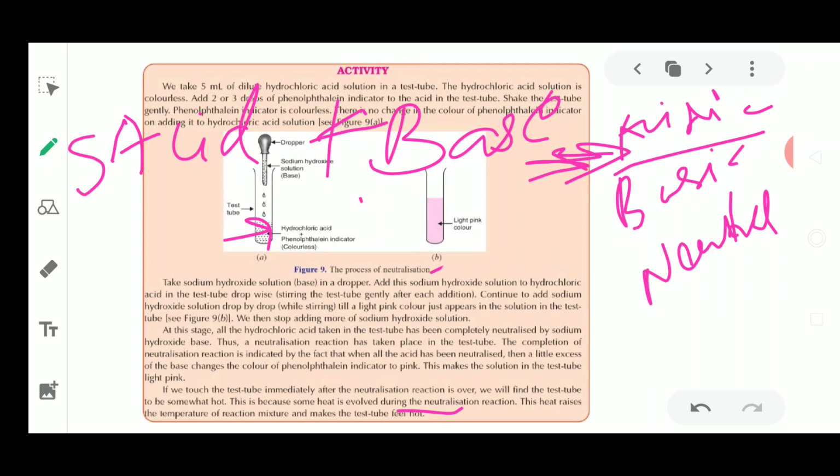See, if 2 people are fighting, one strong and one weak, who is going to win? It is very clear that only the strong person is going to win. Similarly in this reaction, when you take a strong acid like hydrochloric acid, the salt will be acidic.